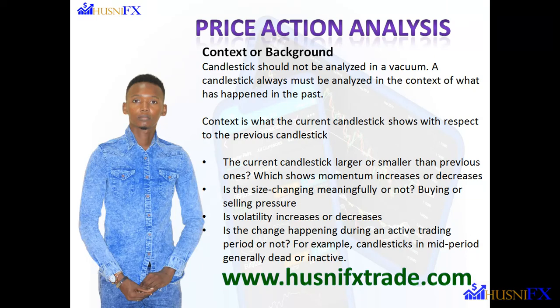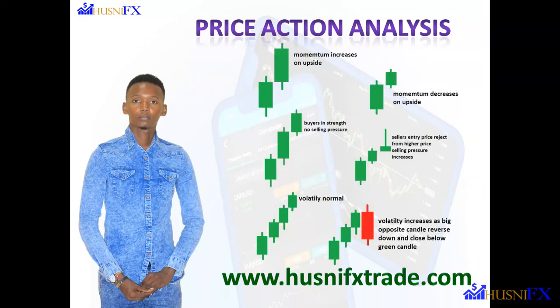For example, a candlestick in a mid period is generally dead or inactive. So we know most of the things that the candles do, and then we know what had happened before. That will help our mind to form a psychological prediction of where the price will go.